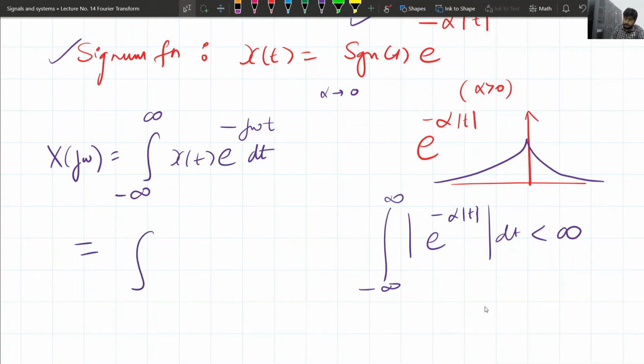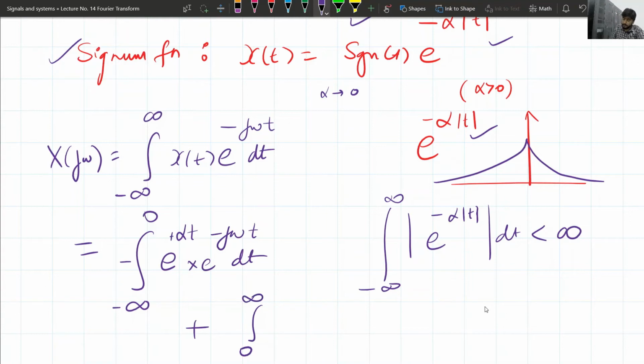So from minus infinity to 0, its value will be minus 1 into e to the power alpha t, since mod of t for t less than 0 is minus t, multiplied by e to the power minus j omega t dt, plus 0 to infinity e to the power minus alpha t, and the value of signum function for t greater than 0 is plus 1, into e to the power minus j omega t dt.